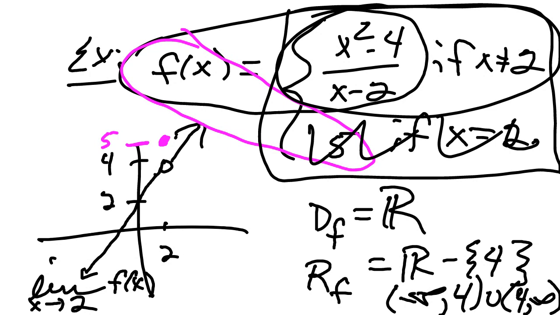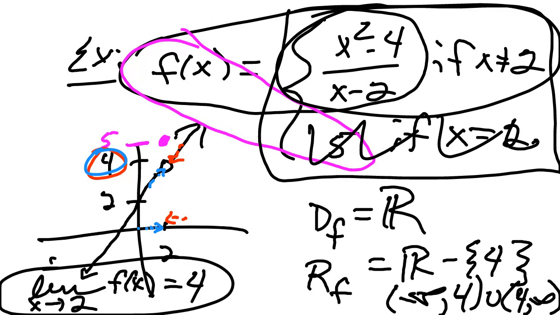As I approach 2 from both sides, once again I'll use red from the right and blue from the left. What height am I approaching? I'm approaching 4 from the right, and as I approach 2 from the left, I'm also approaching a height of 4. So we can say here also that the limit as x approaches 2 of this f of x exists and equals 4.